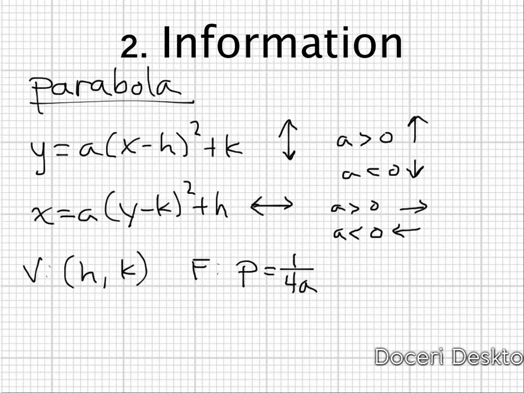If my parabola is going left to right, my focus is affecting the x value, so that'll be (h plus p, k). If it's going up or down, then my focus is going to affect the y value, so this will be (h, k plus p).